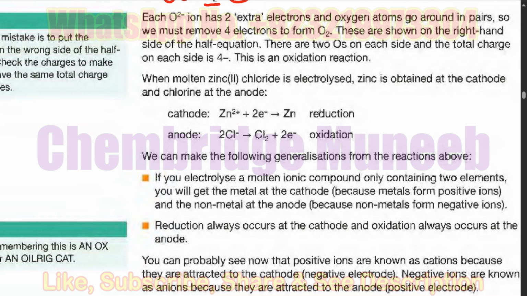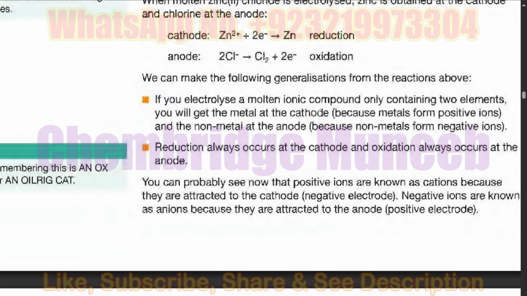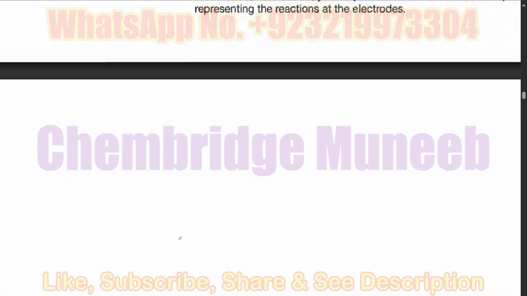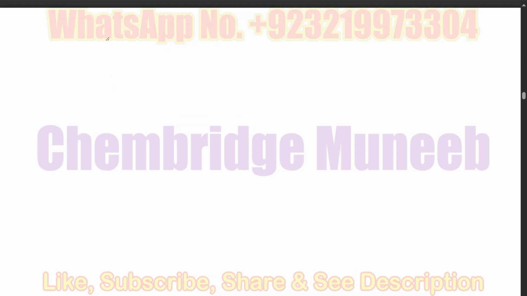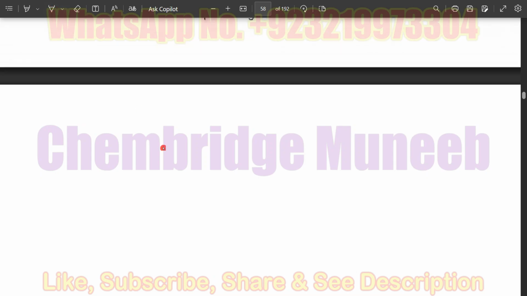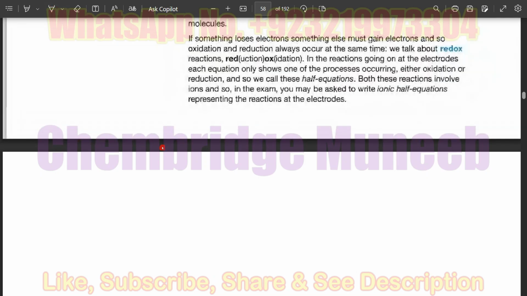So all of these examples include the molten states of the ionic compounds for electrolysis, but there is another condition in which electrolysis can be done, when we take the aqueous form of the ionic compounds.